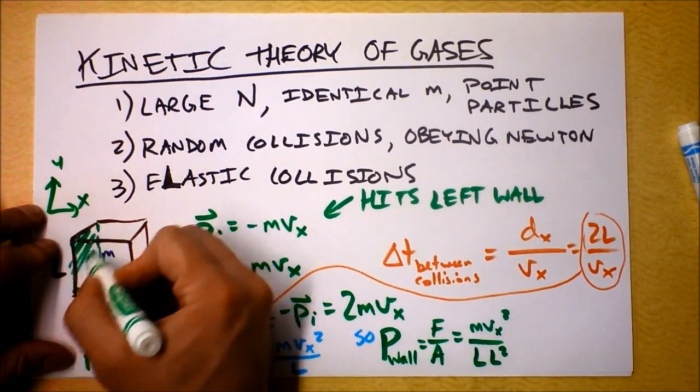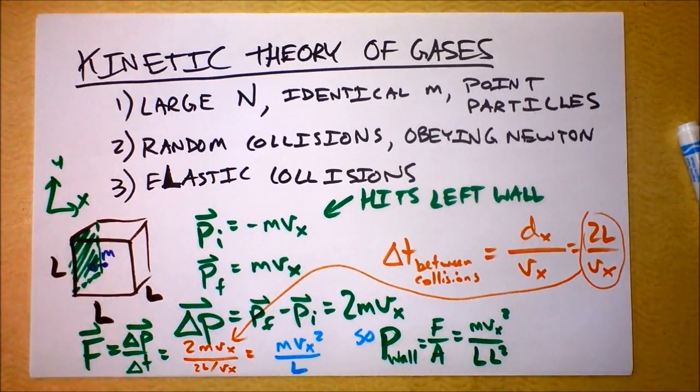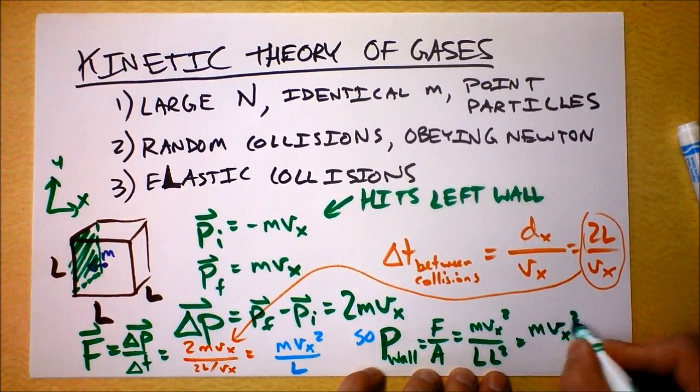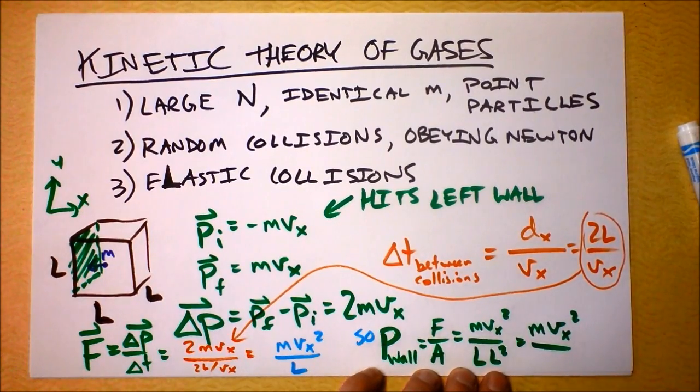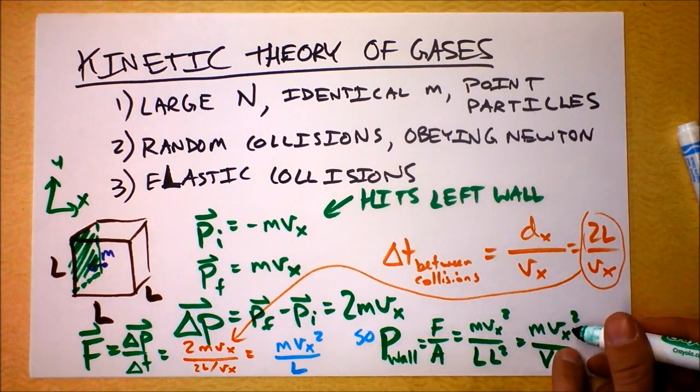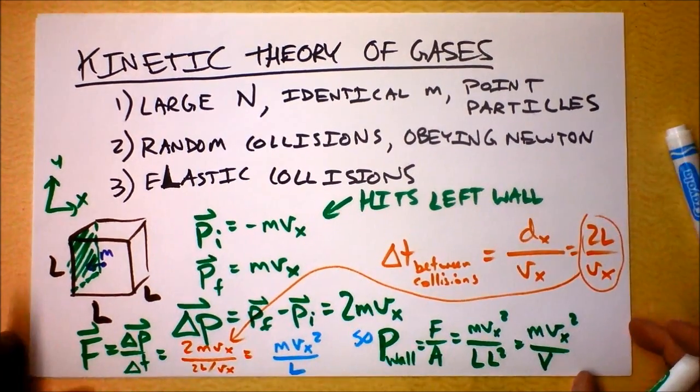This wall, that wall on the left has area L squared. Well, this is just m vx squared over volume.